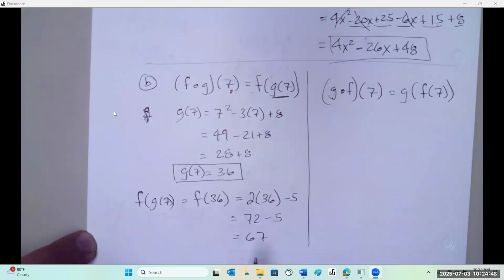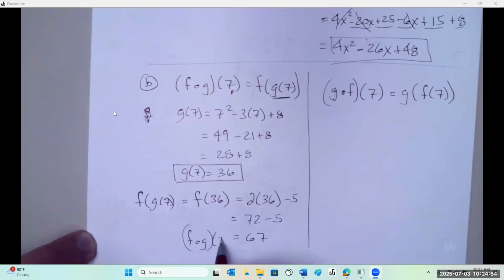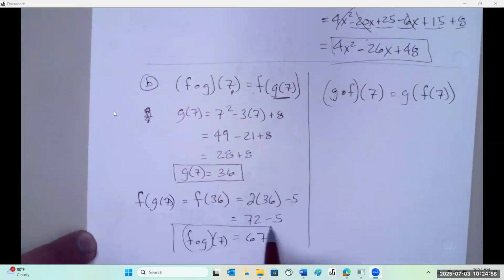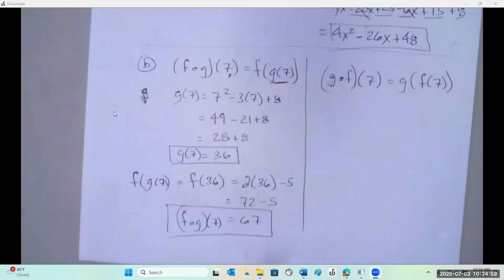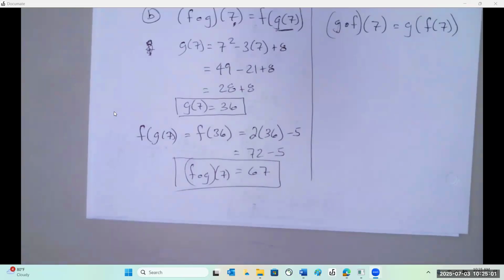So the answer is 67. So f of g of 7 is 67. So all you have to do here is just find one value and plug that into the other equation piece by piece.